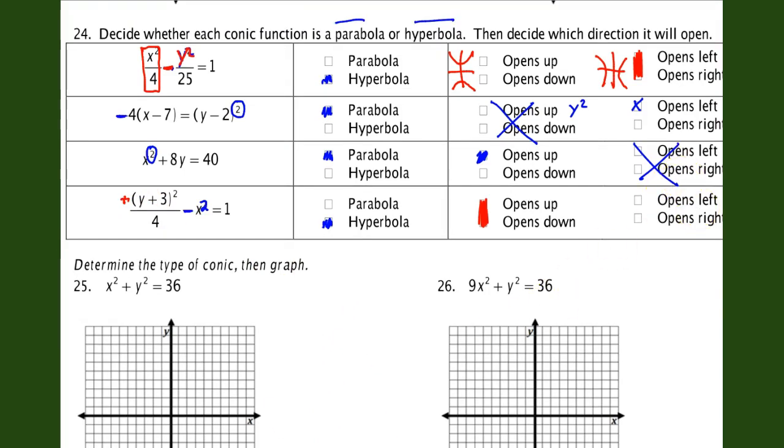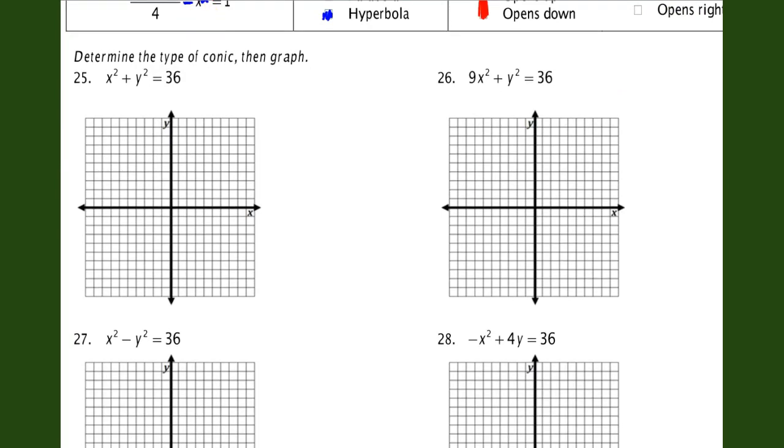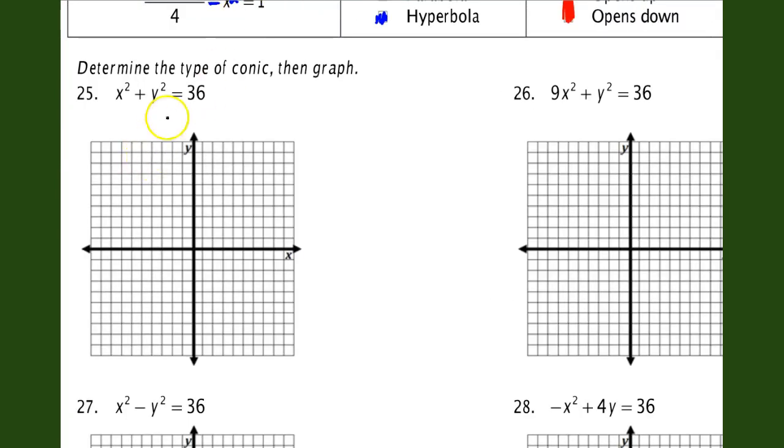Okay, let's go and graph some conic sections now. We need to have the type of conic section first before we can graph it. Like we just did, we need to identify what we're graphing before we can go through with it. We just did parabolas and hyperbolas, but here they're a little different.